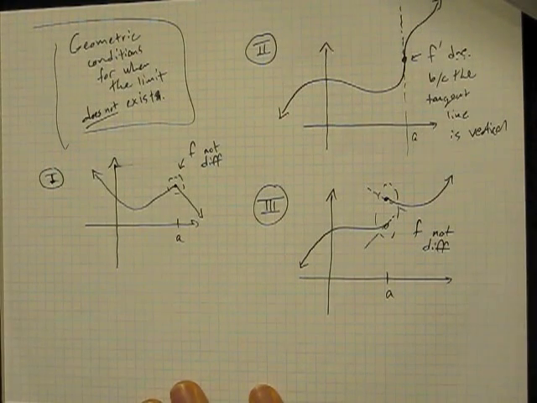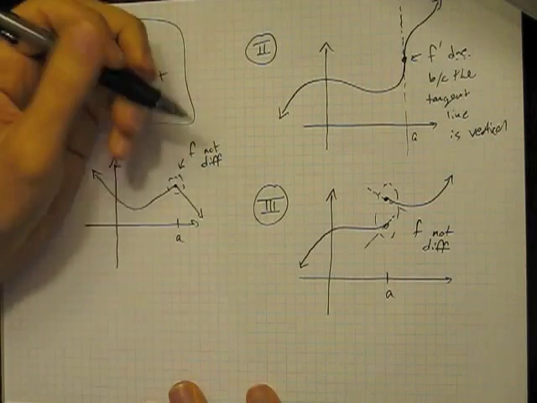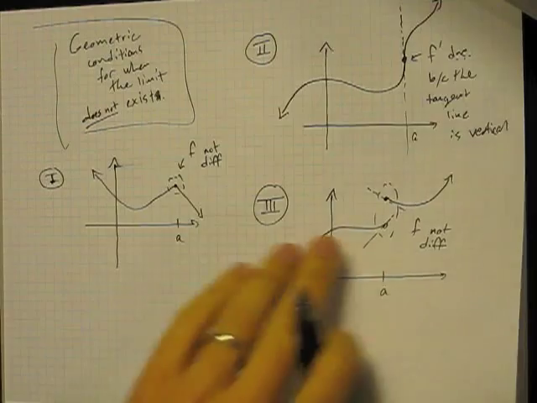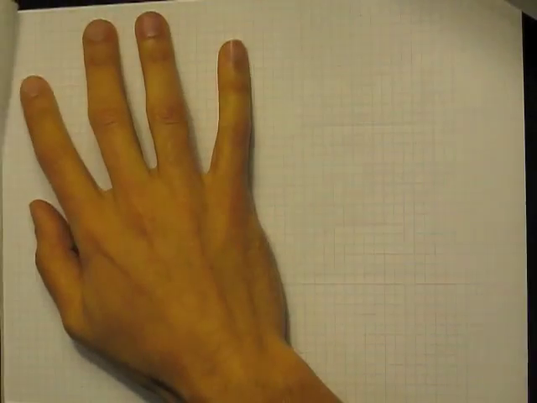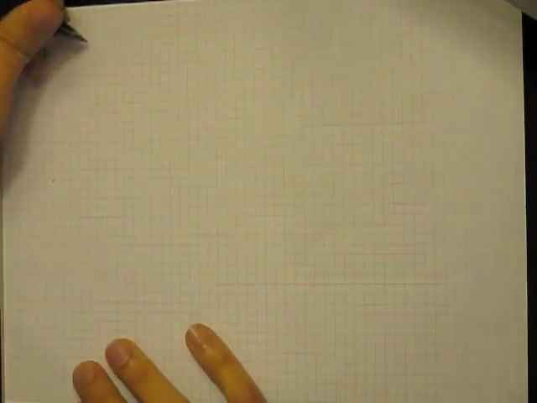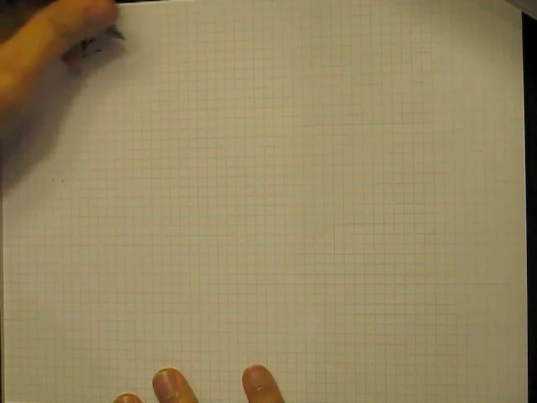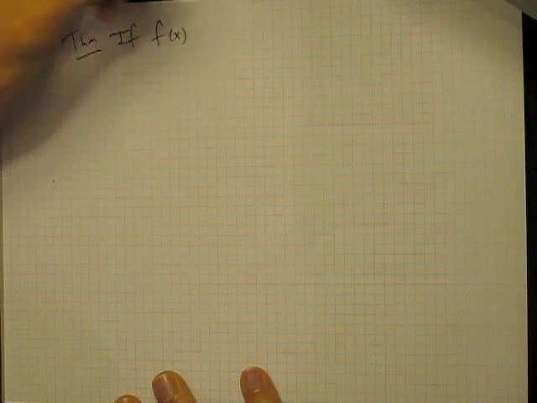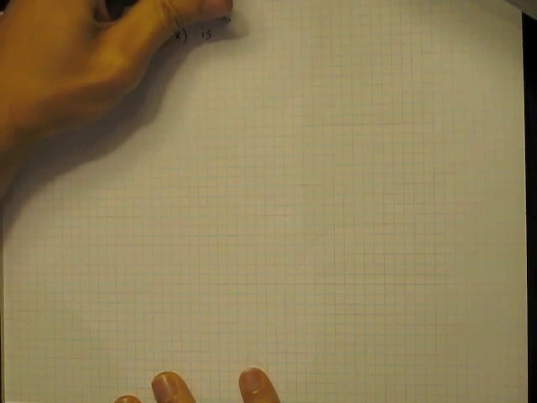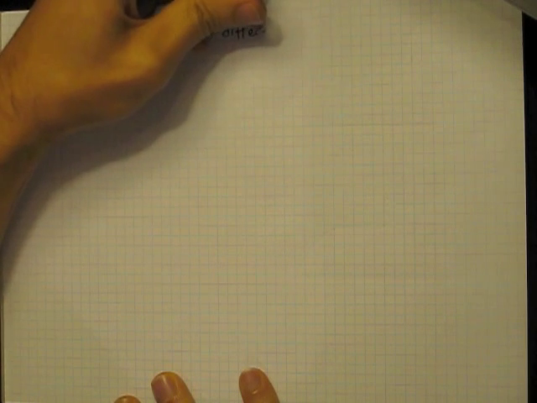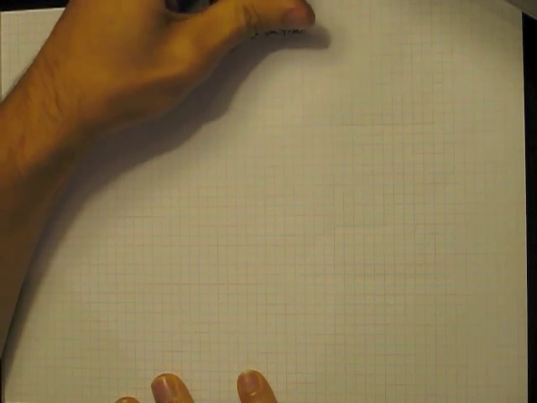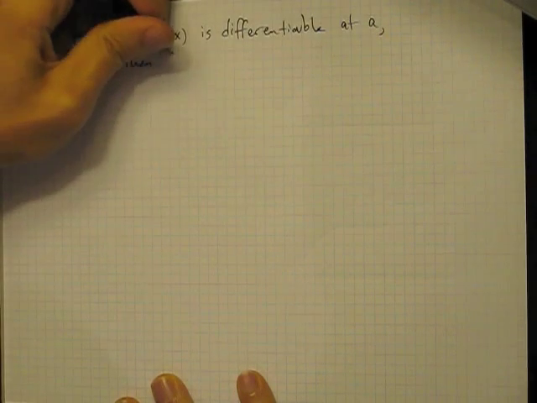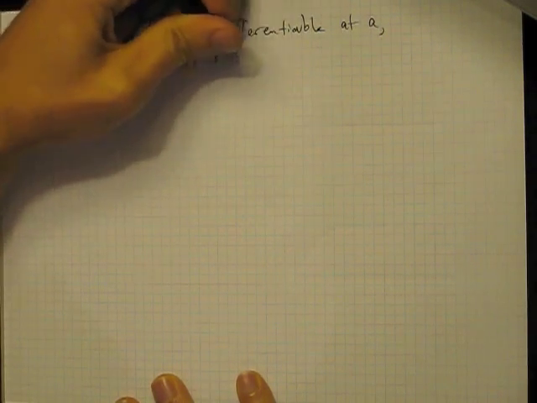All right. Now something to think about is the following theorem. I'm going to end this discussion with the following theorem. We're not going to prove this theorem, but we're going to state it. If f of x is differentiable at a, then f is continuous at a.